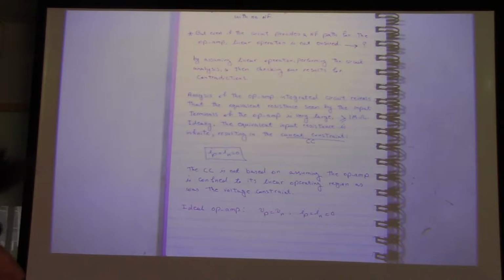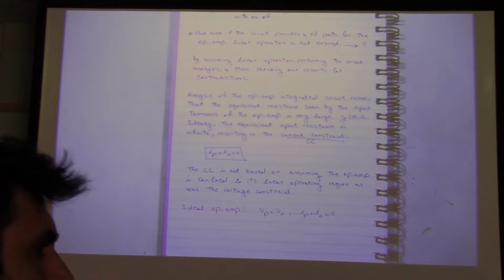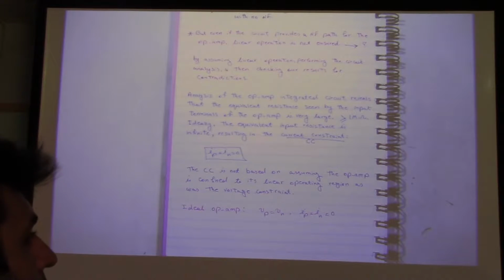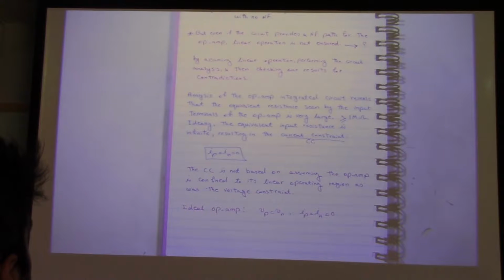Current goes down. So when we say it is a large value, it means the current is about 0. It's not exactly 0, but about 0. When we analyze the circuit, we say Ip equals In equals 0, for an ideal op-amp. Clear?